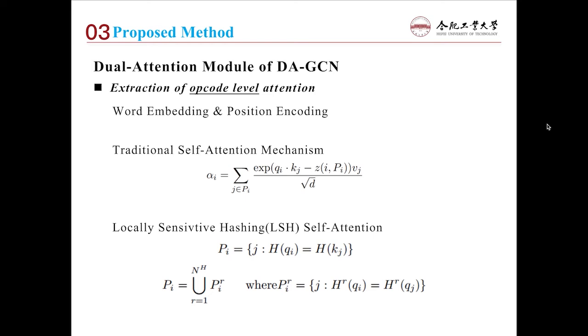Obviously, the queries in the same buckets may fall into different parts. Therefore, we repeat N_H rounds of the hashing process, each round with a different hash function H_r, where r denotes the r-th round of hash calculation.